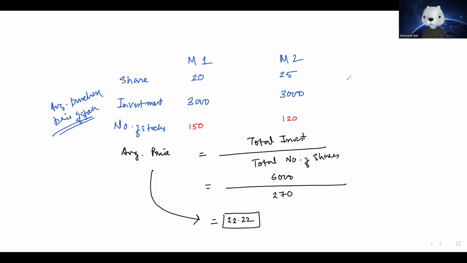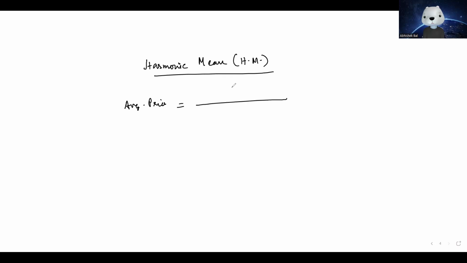Now let's see what the harmonic mean formula tells us. So the harmonic mean, or HM in short, tells us the average price in this case is going to be equal to N, the number of months out here, divided by the reciprocal of the price of each of these stocks.